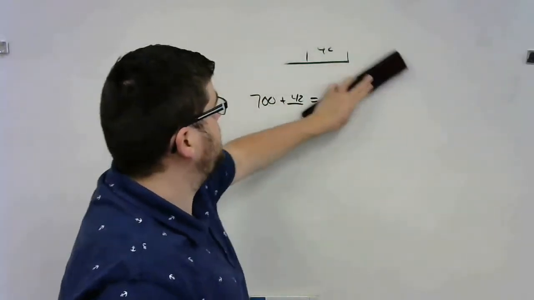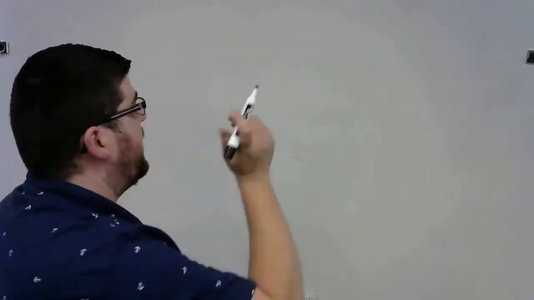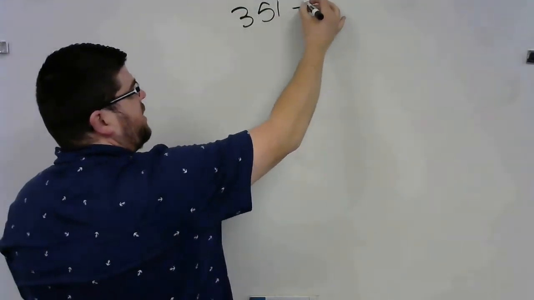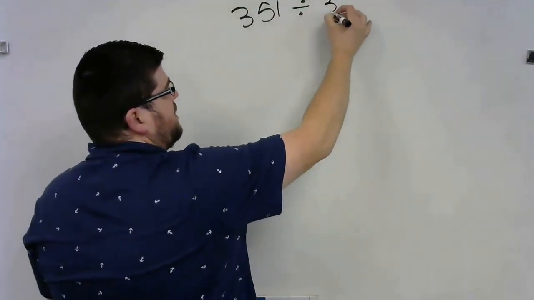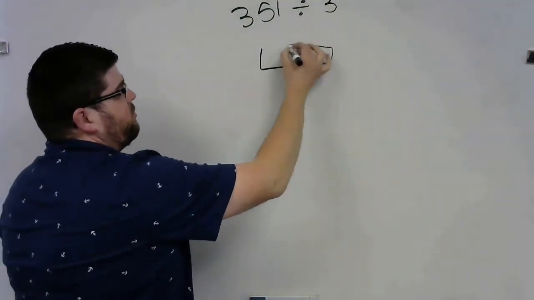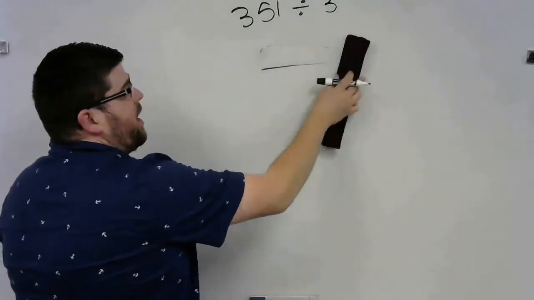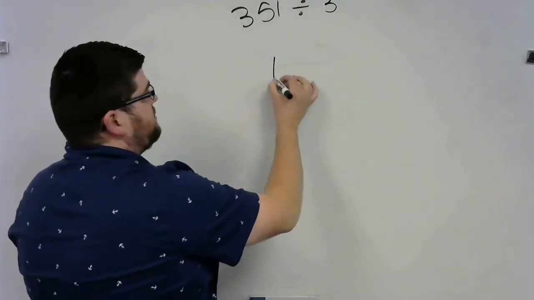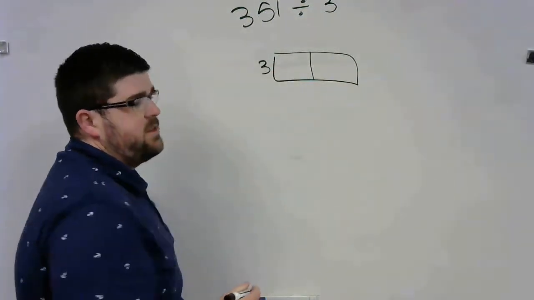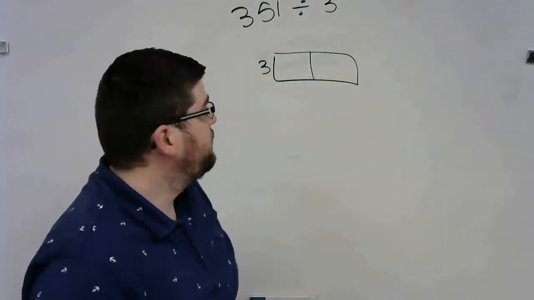Let's try another one. Now this is one where we're going to have to add a third box. Let me show you why. So let's do 351 divided by 3. I'm going to start with two boxes. It's just easier to start with two boxes, and then you can add the third one on if you need it.